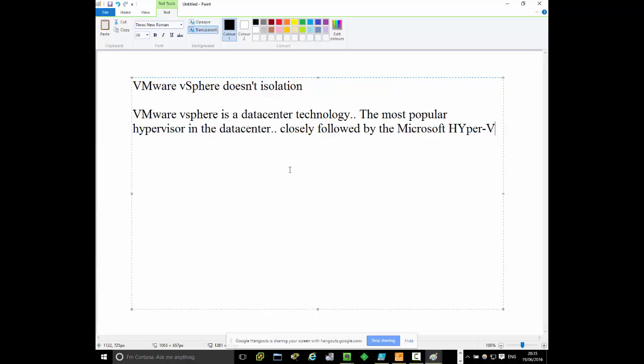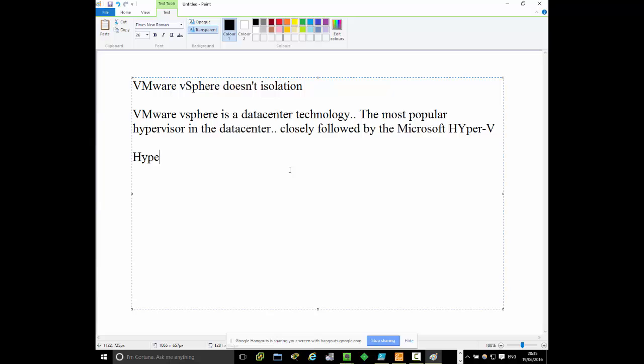When we talk about a hypervisor, we're talking about pulling together multiple physical servers to operate as a single entity. And there are a lot of benefits to that.